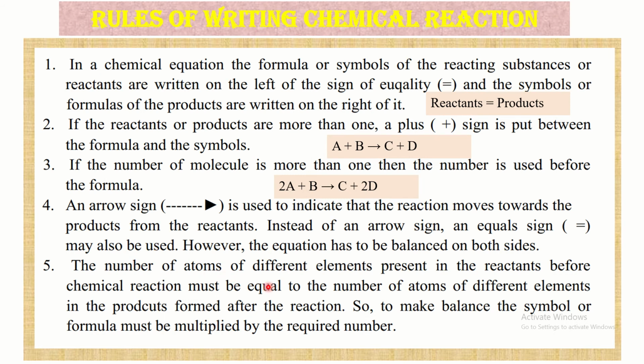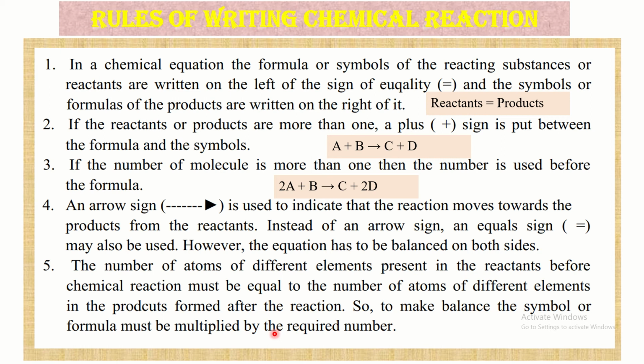The number of atoms of different elements present in the reactants before the chemical reaction must be equal to the number of atoms of different elements in the products formed after the reaction. And to do this, we have to balance the symbol or formula of the reactants and products. To balance the reaction, we have to multiply the formula and symbol of reactants and products by the required number.